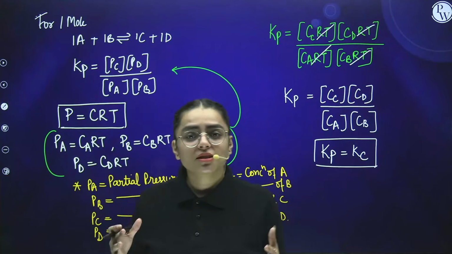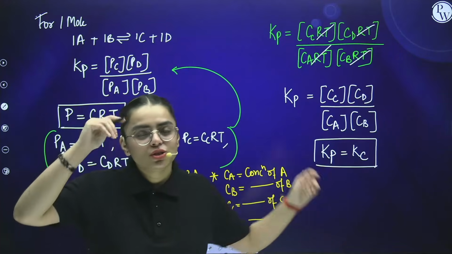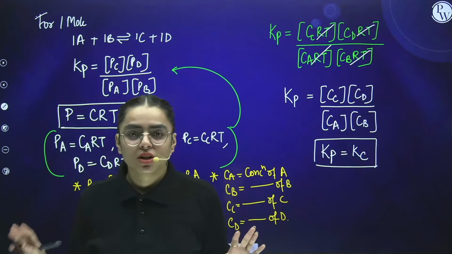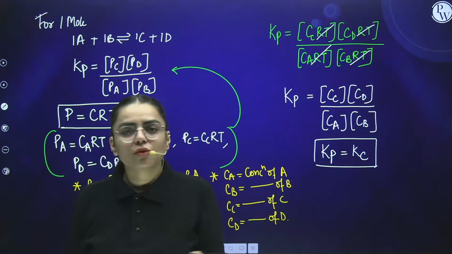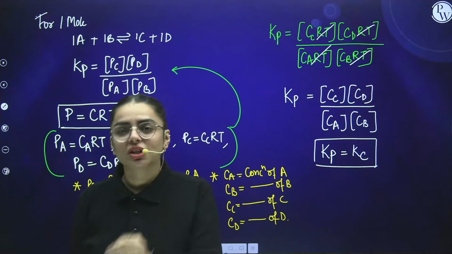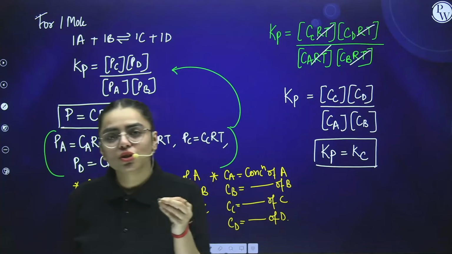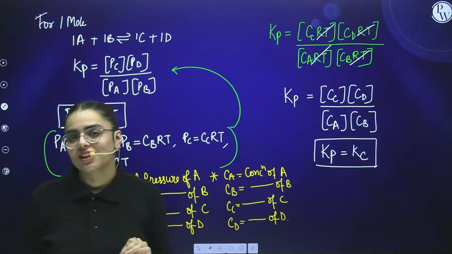If you just go with the direct formula, you are going to forget it in your examination. You are going to remember for a few days, 2 days, 3 days, 4 days. But when you understand from the depth of the chapter, from how it is being derived, I assure you that you are not going to forget in your examination.